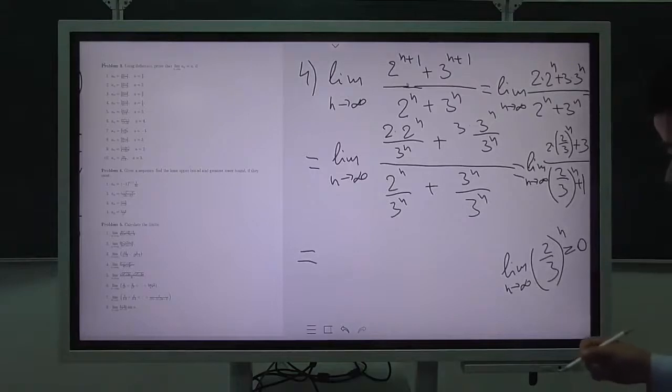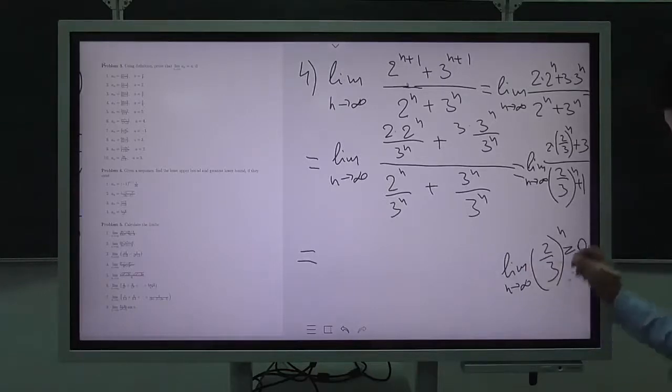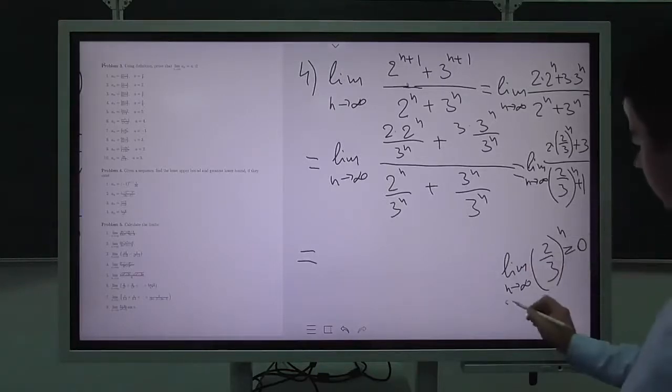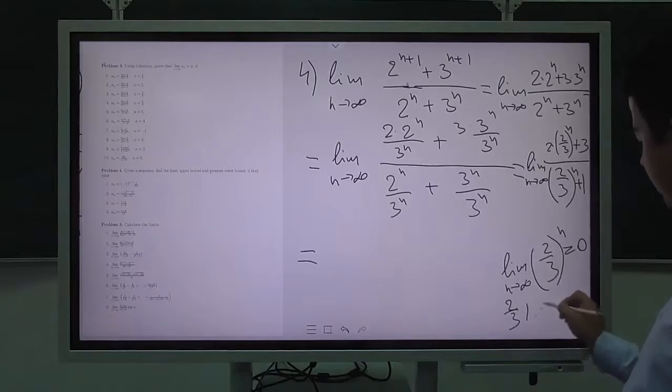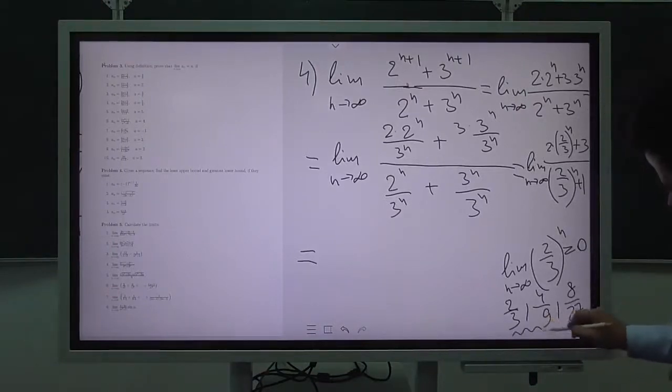For example, if you write it by terms, the first is 2 over 3, the second is 4 over 9, the next one is 8 over 27, etc. Look here, it goes to 0.